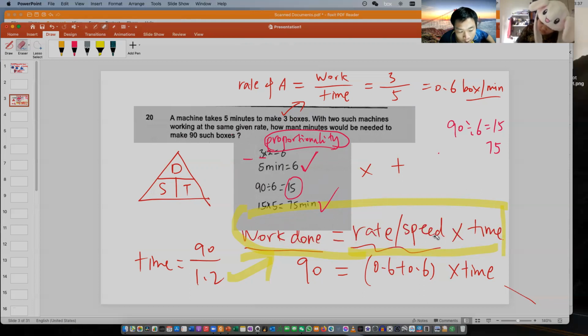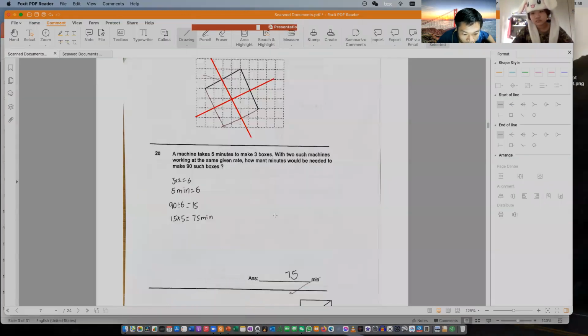So later on, if I face harder questions of speed questions, then I will let you work it out using this formula to show you this formula actually works better. Your answer is also correct. My answer is also correct. Your approach is correct. My approach is also correct, for this particular question. Okay, let's move on.